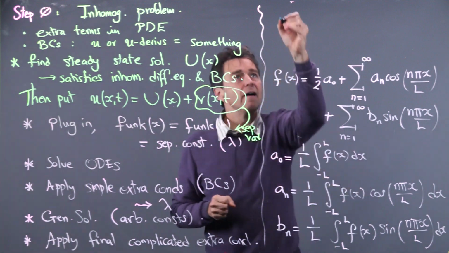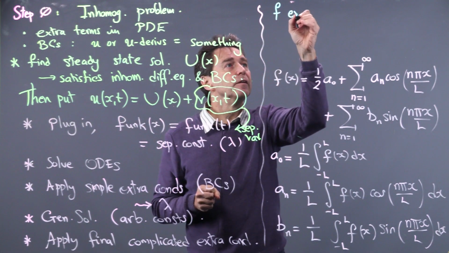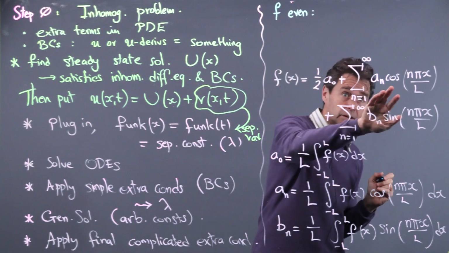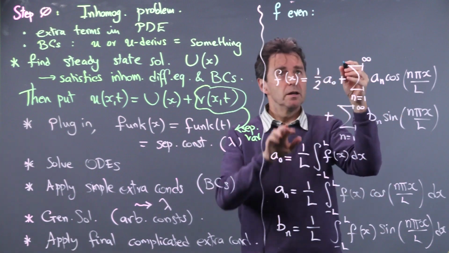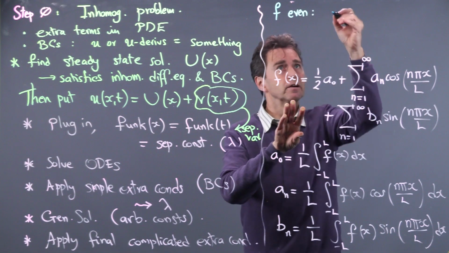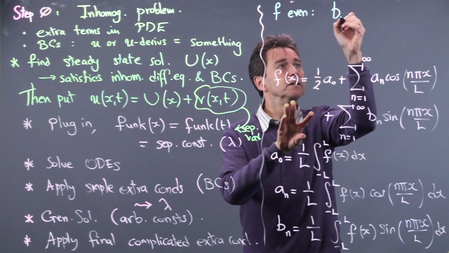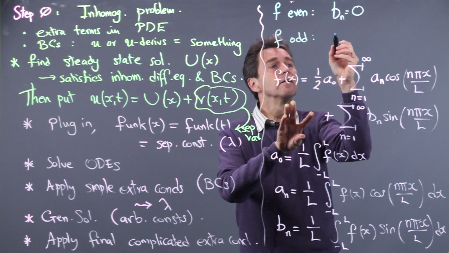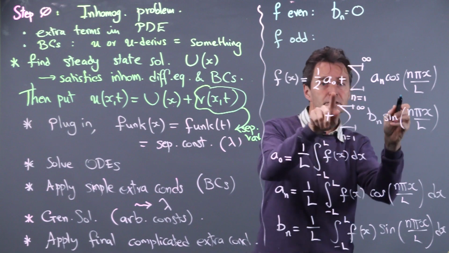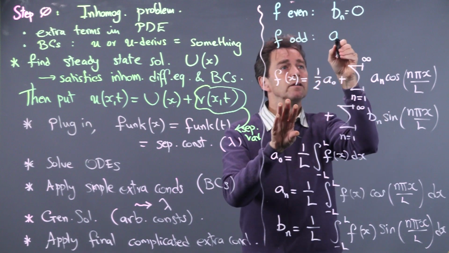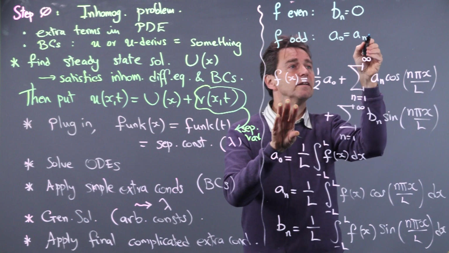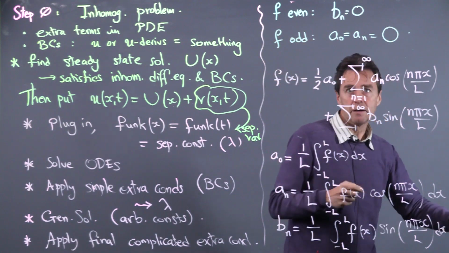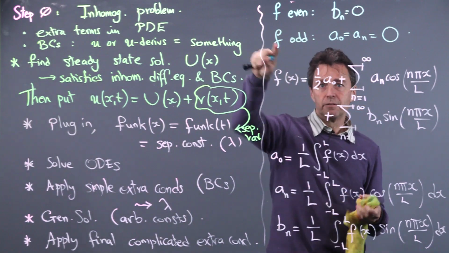If I have f being even, if f is even, then a constant is even and a cosine is even, but a sine is not. And so if f is actually an even function, then I find that the Bn is 0. If f is odd, I find that since the sines are odd functions, but the constant and the cosine are not, that a0 is equal to 0. And I'm actually going to end up using the theory for an odd function.